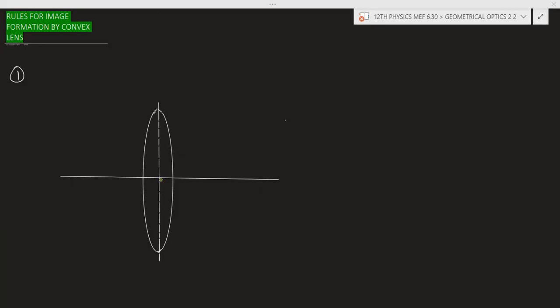This is the pole, the optical center. O here is the optical center. And this line is the principal axis of the convex lens.